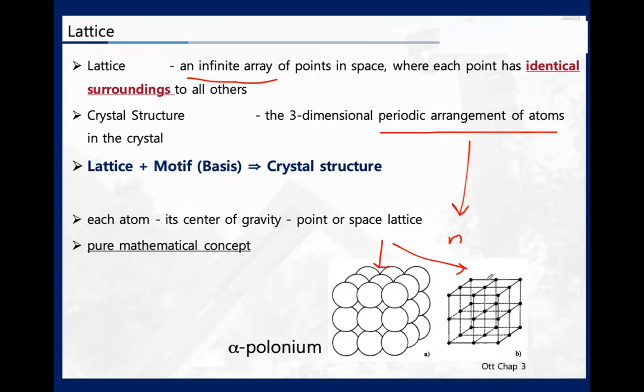If you take one point here, for example, and you see the adjoining points here, and another one here, what do you see?